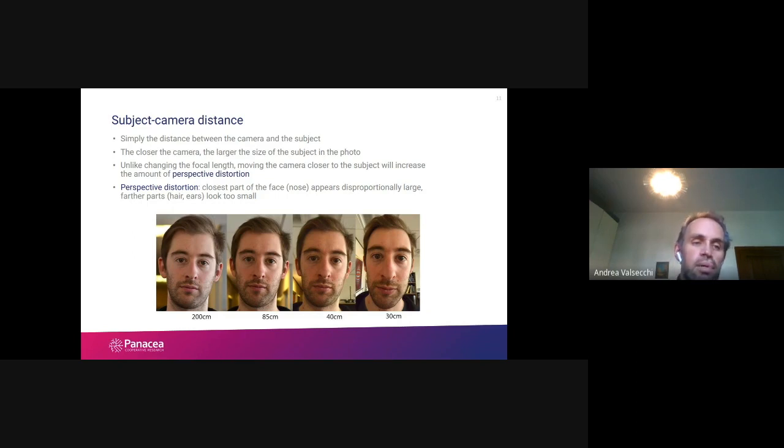We can check out the image at the bottom of the slide. On the left side, the face of this person looks pretty nice. As we move to the right side, we see the typical effect of perspective distortion: the nose gets bigger and the ears get smaller. This is because the nose is relatively much closer to the camera than the ears. That happens not just with a face, but with any object.